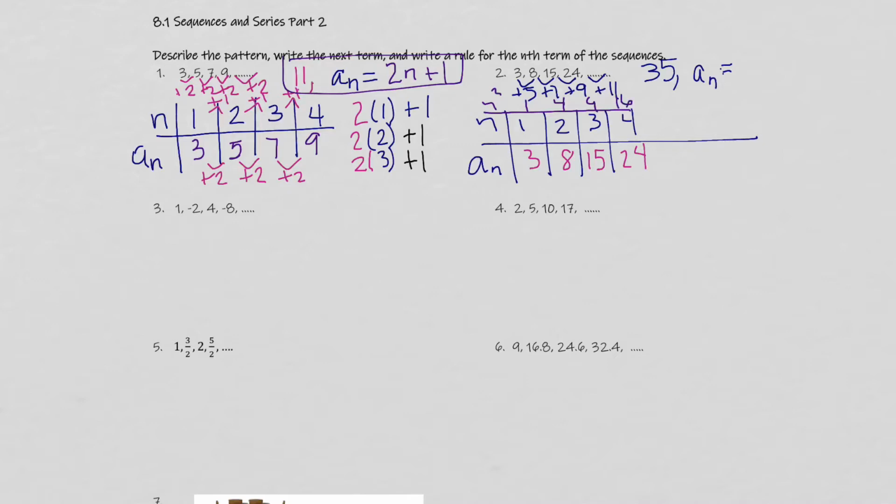And then is there something I can multiply by between that squared to get to this, or is there something I could add? That's what I would look for. Right now I know I could add 2 here, I would add 4 here, I would add 6 here, and here I would add 8, right?